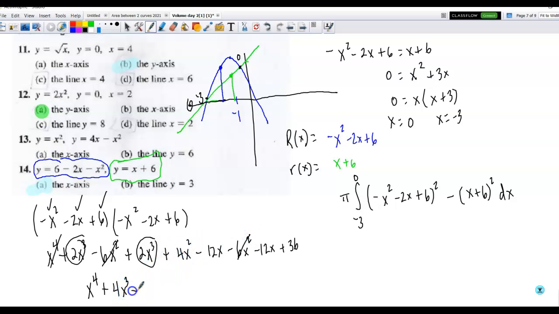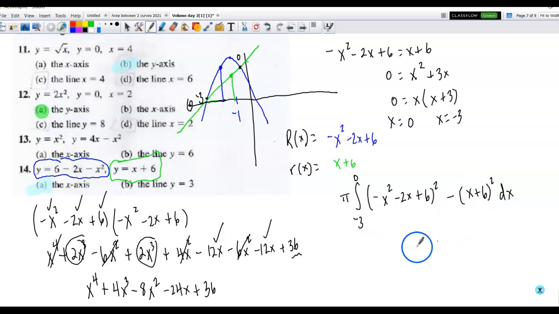Plus 4 gives me negative 8x squared. So that's gone. I have a minus 12x and a minus 12x for a minus 24x. And then I finally have my plus 36. That was fun. All right, and then from that, I have to square the binomial.